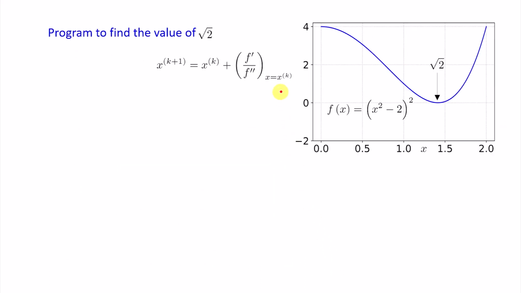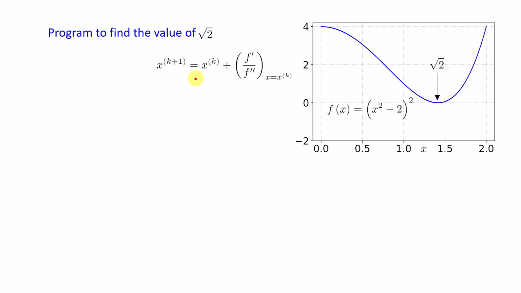Now to take a look at our problem of finding the value of root 2, we have discussed this problem can be framed as an optimization problem. If we find the minimum of this function fx equals x square minus 2 whole square, then that minimum should happen at root 2, and the value of that minimum should be 0. Why is it so? We have discussed that before.